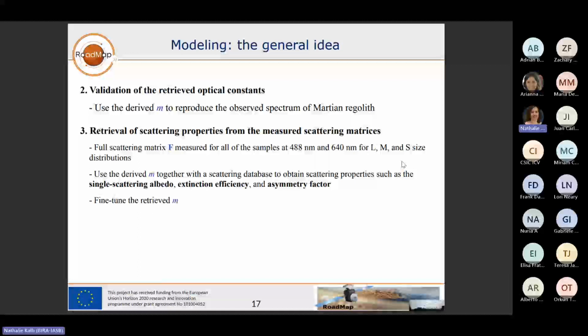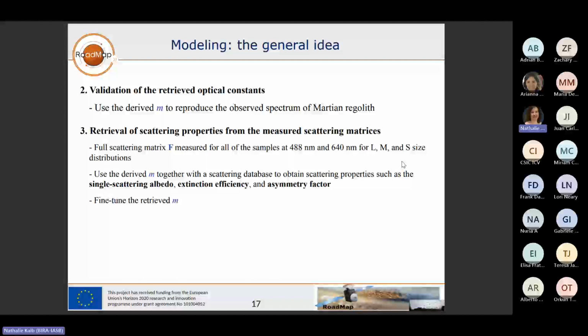After retrieving the refractive indices, of course we have to do some validation. That was the second part of the study: we wanted to reproduce the observed Martian regolith spectrum. The third part is retrieval of scattering properties from the measured scattering matrices that Olga showed you before.